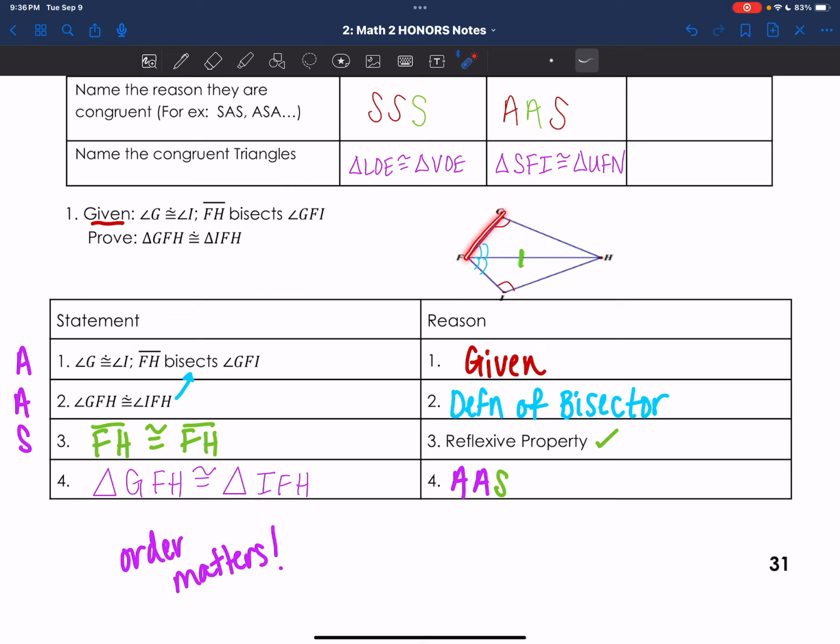We went to F next, so you have to go to F next because these two are congruent. And then lastly, they both go to H. And we know that these two are congruent because you have angle, angle, side. All right, that's the first part of doing your proofs.